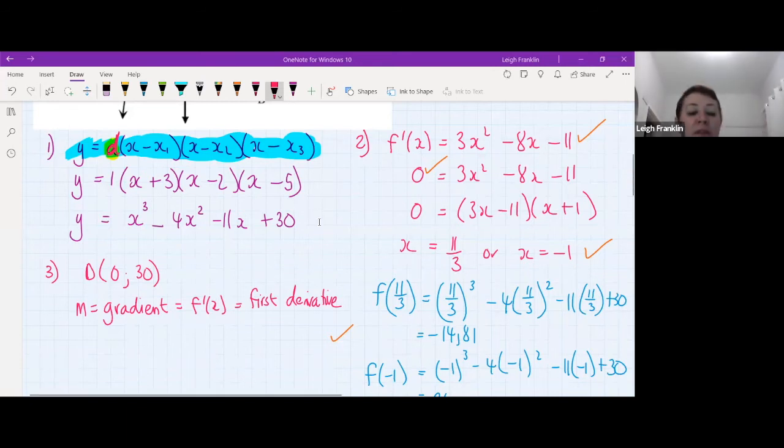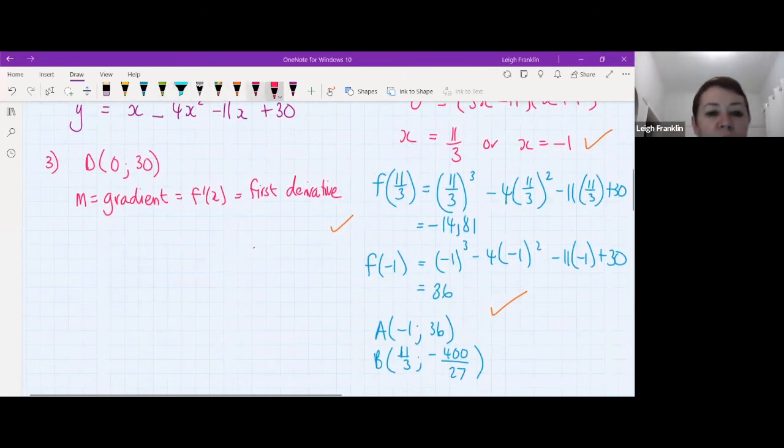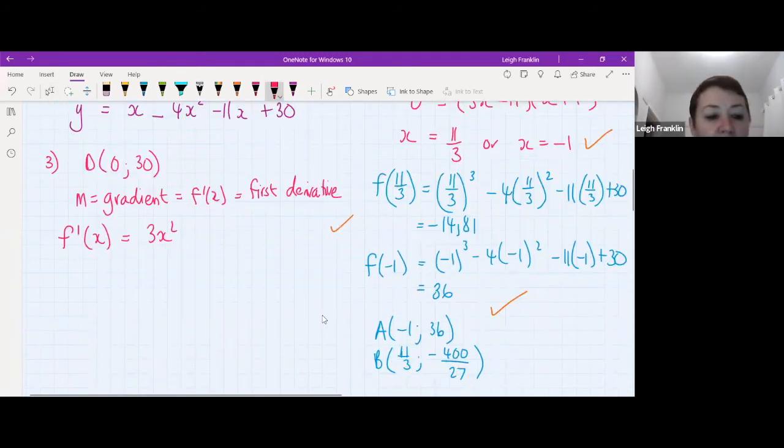We only need the x, because remember, our first derivative is in terms of x. It's f prime x, which we determined in the previous question, which is 3x squared minus 8x minus 11. We want to know what is the gradient at D when x is 0.